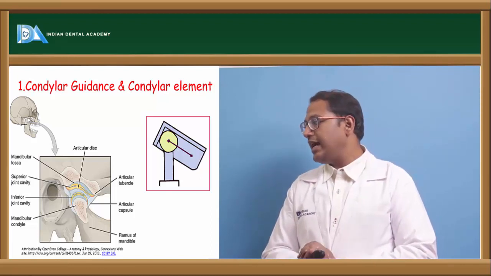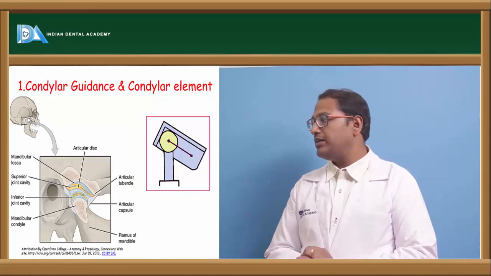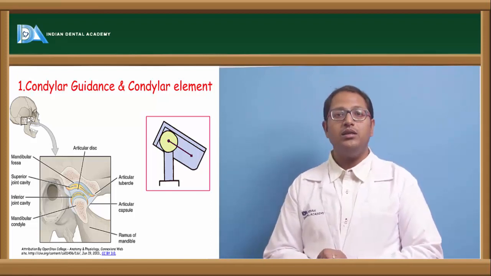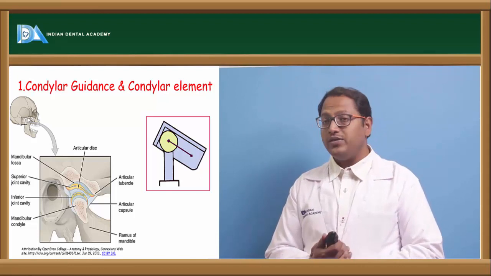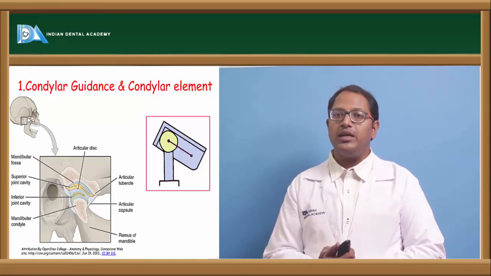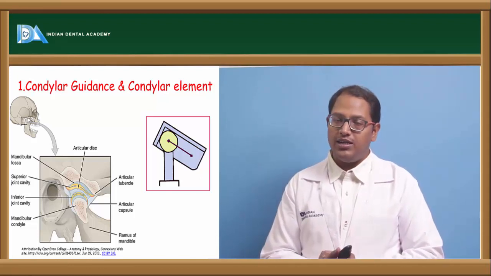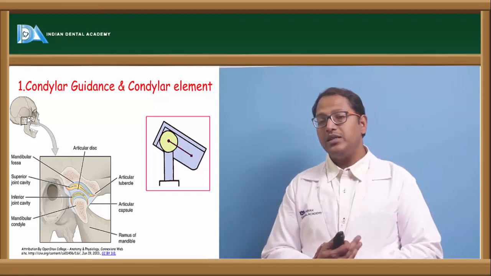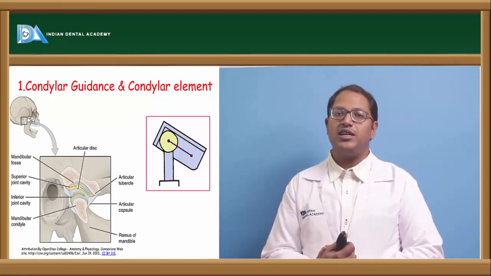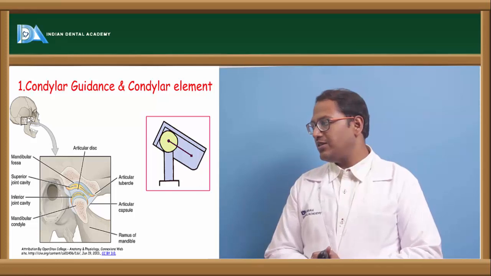So we can see the arrow in yellow. That path which it is following is the condylar path. The yellow round structure will be the condylar element. If this condylar element is in the lower member, that is an Arcon kind of articulator. If the condylar element is in the upper member, that will be called a non-Arcon kind of articulator.